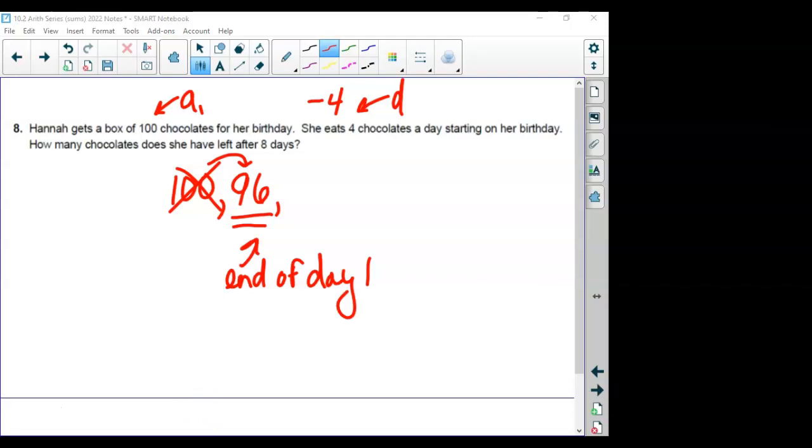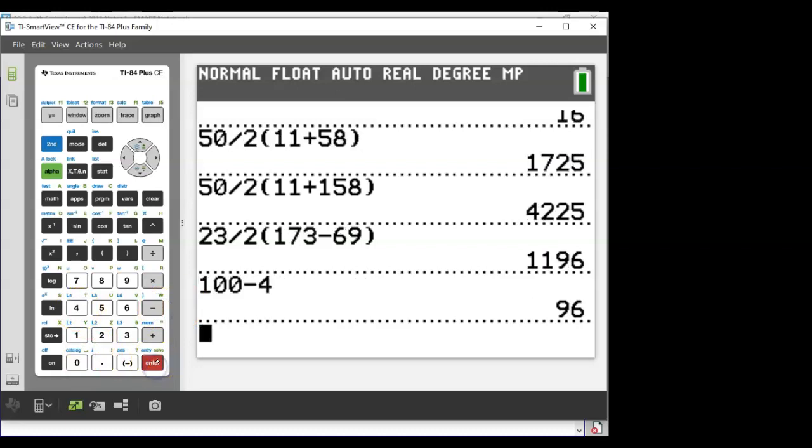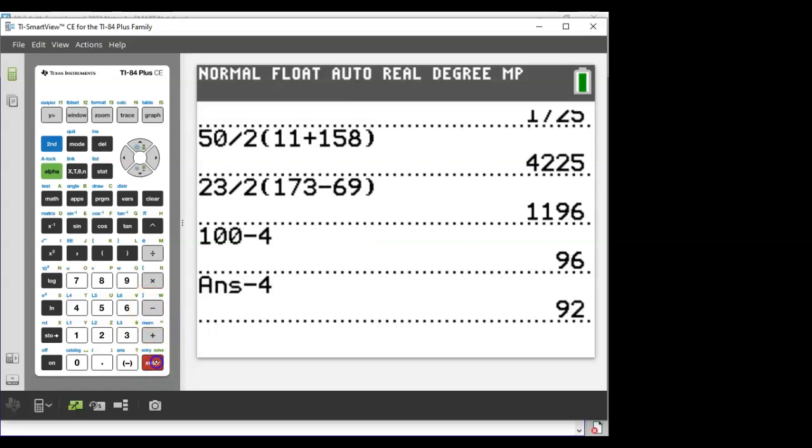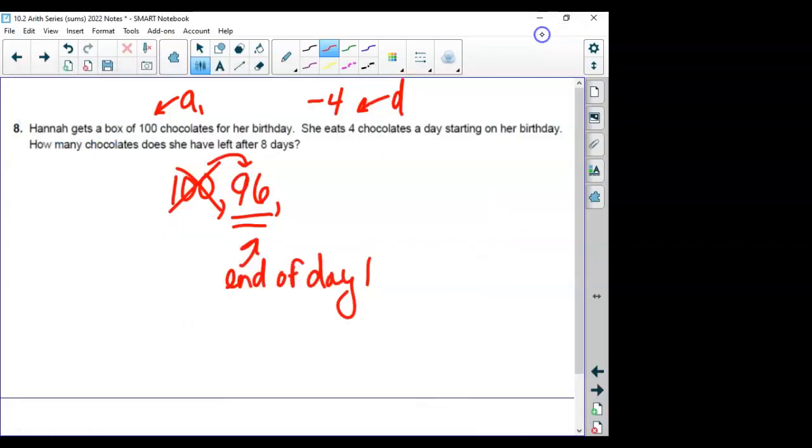All right, I'm going to do this the old-fashioned way. Okay, that's the end of day 1. Day 2, day 3, day 4, day 5, day 6, day 7, day 8. I got 68, so let's see what I did here. 96 minus 4, 8 times, or that would have been 100 minus 4, 8 times.